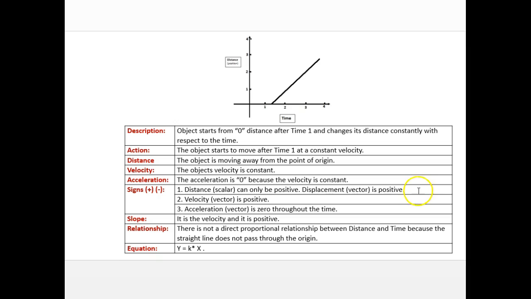Both the displacement and the distance are positive. Velocity is positive. I mentioned that the acceleration is 0. The slope is positive, and y is equal to kx, where k is not negative or 0.